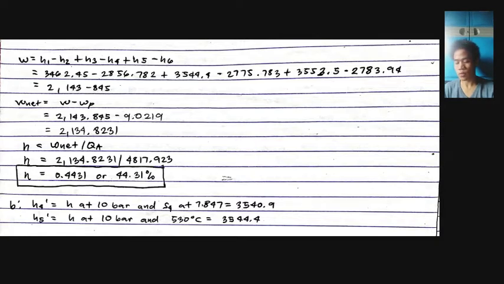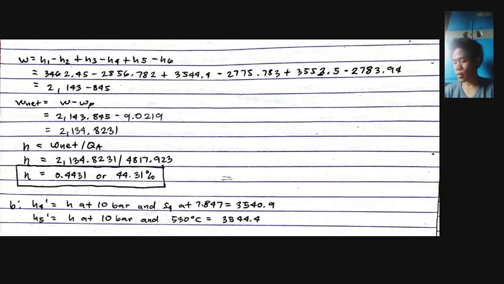So substituting it, the given will be 3462.45 minus 2856.782 plus 3544.4 minus 2775.783 plus 3553.5 minus 2783.94, and then calculating it, equal to 2143.845.